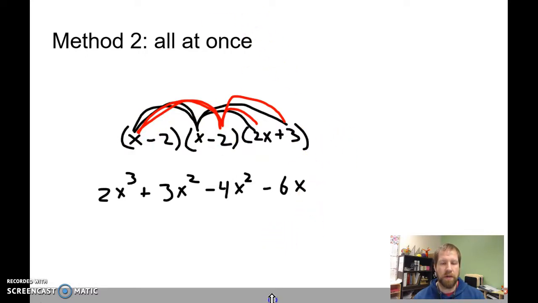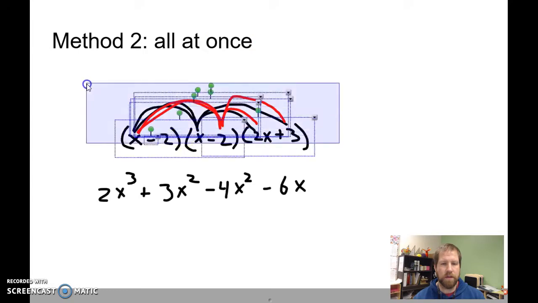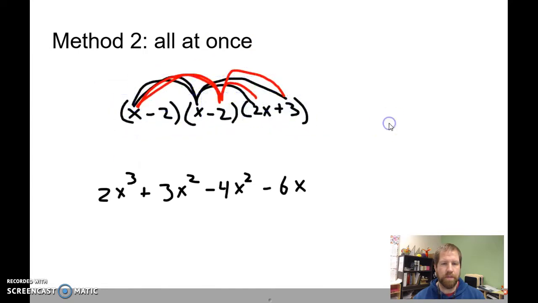Now, I'm going to need some more room. Maybe just move this up. Now I've got to take care of my second term in my first polynomial. So negative 2. Second term to first term to first term. That's going to be negative 2 times x times 2x, so that'll be a negative 4x squared.